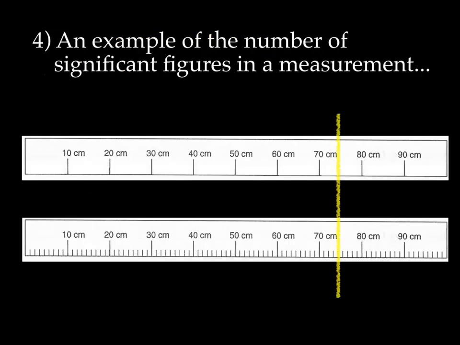Okay, let's take a few more measurements, this time paying particular attention to the digits we write and thinking about applying significant figures to the measurements. All right, so we'll measure the length of this box here, and we'll start with the top ruler. Okay, the box lies between the 70 and the 80 mark, so we know it's going to be 70-something centimeters.